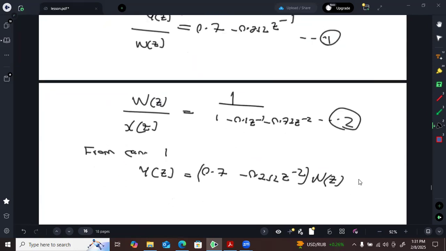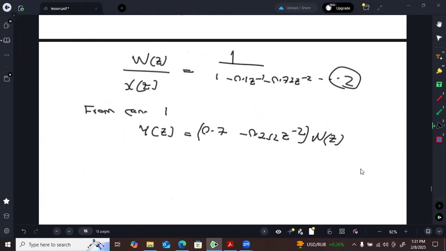And I can expand this. If I expand this, I will have y of z equal to 0.7 wz minus 0.252 z minus 2 wz.